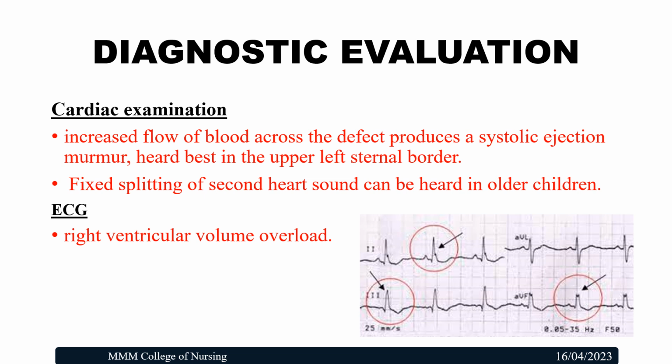Moving on to the diagnostic evaluation. First, the cardiac examination. Increased blood flow across the defect produces a systolic ejection murmur, which is heard at the upper left sternal border. Fixed splitting of the second heart sound can be heard in older children, and the ECG shows right ventricular volume overload.